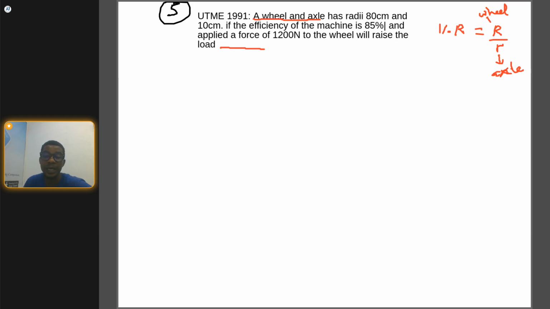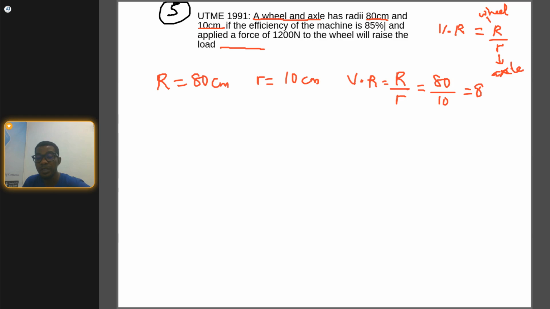We have capital R is 80 centimeter, small r is 10 centimeter, and the velocity ratio is R over r, which is 80 over 10, and that is 8.